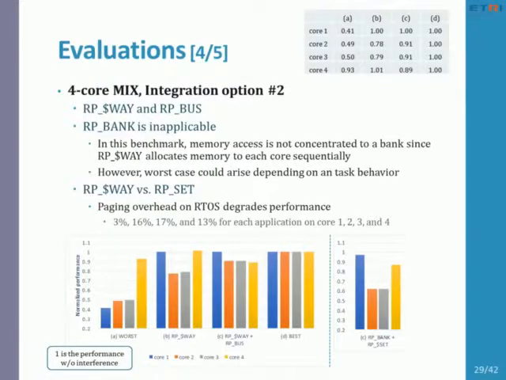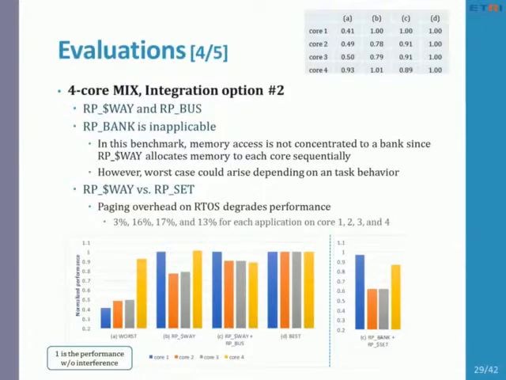And you can see the paging overhead by comparing this graph and this graph. This one applies the way-based cache partitioning, and this is the performance when we use the set-based cache partitioning. The difference is the paging.